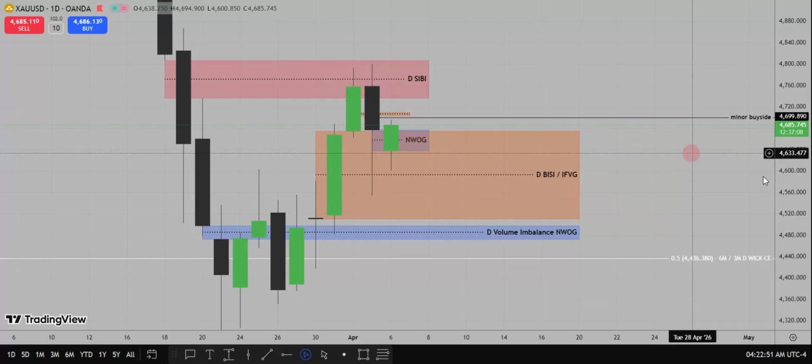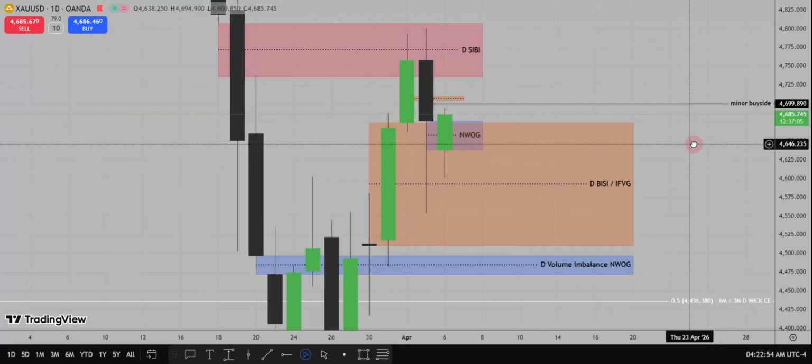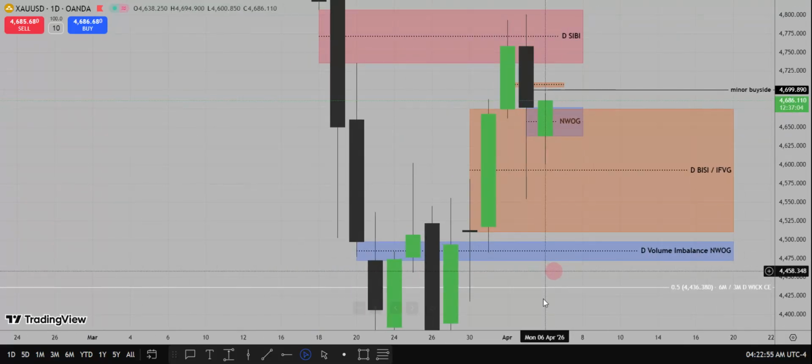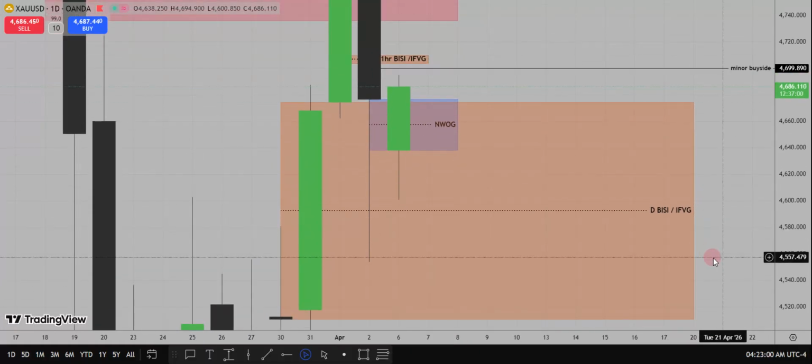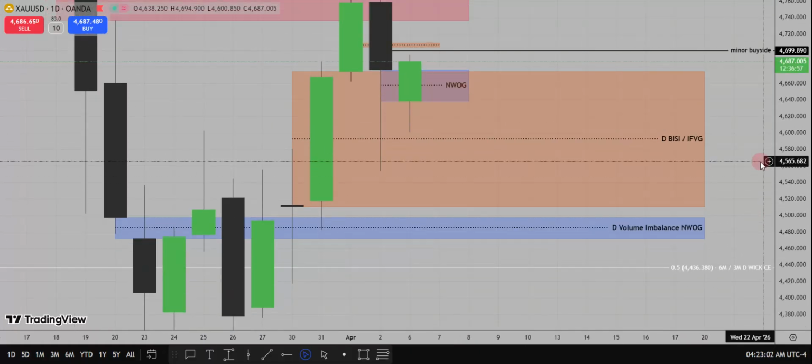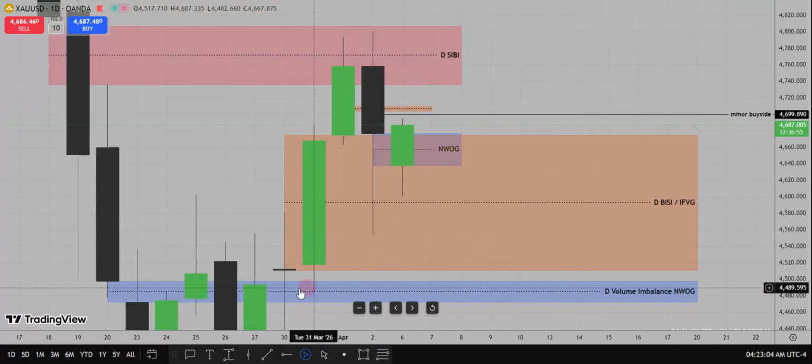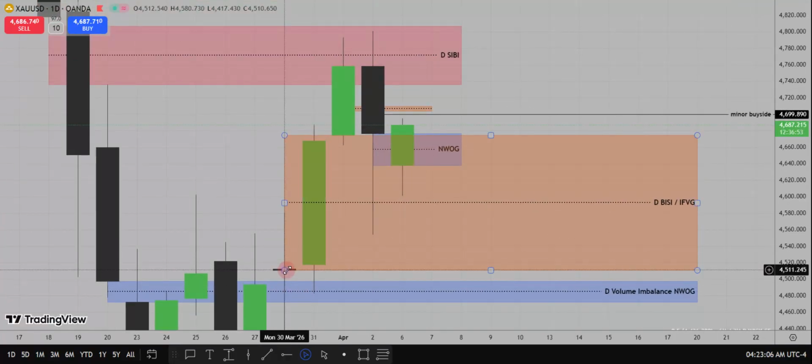I want you to observe quite an unusual issue here when you are drawing these PD arrays. Do you see this down close candle here on Monday 30th March 2026? You see where it closed? That's a down close candle.